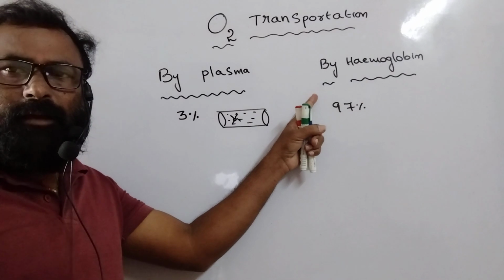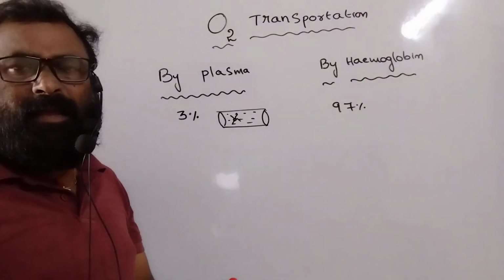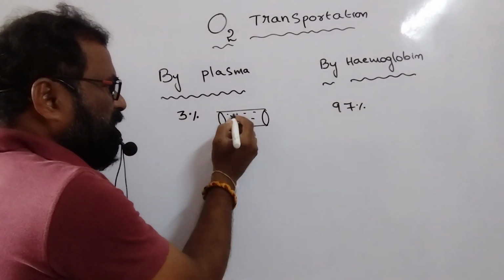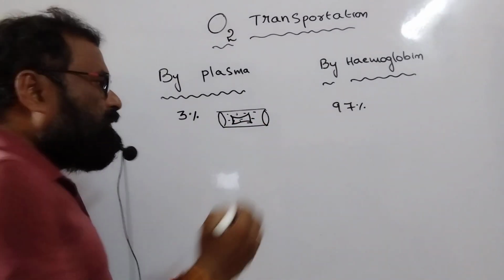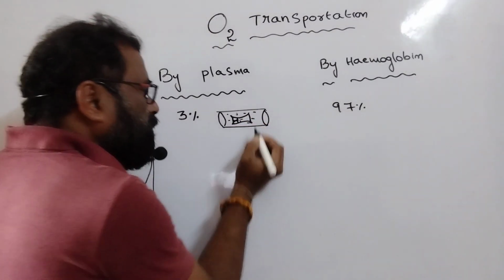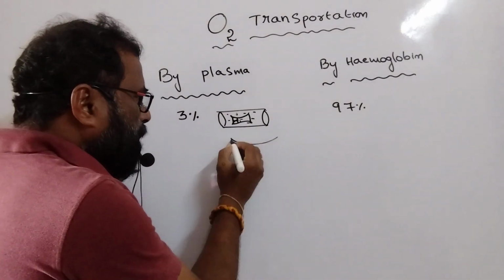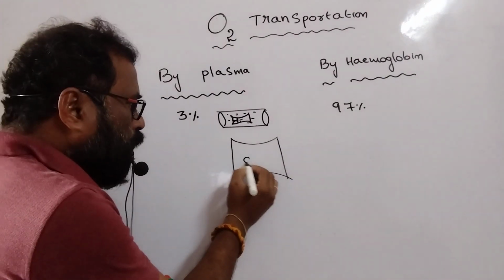Hemoglobin is a respiratory pigment present in the RBC of man. So this is the RBC. Within the RBC there is the hemoglobin.